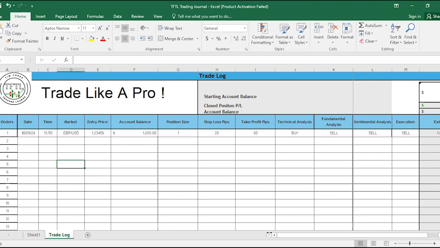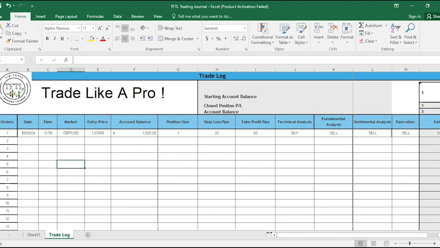The last reason why you need this trading journal is because it will help you develop a personalized trading strategy. You realize that over time, as you're journaling your trades, your journal will reveal which strategies and market conditions work best for you. And this is a big win.